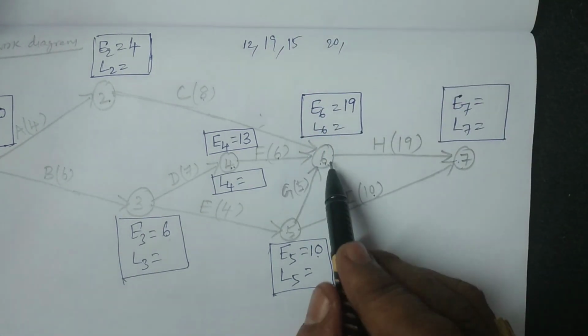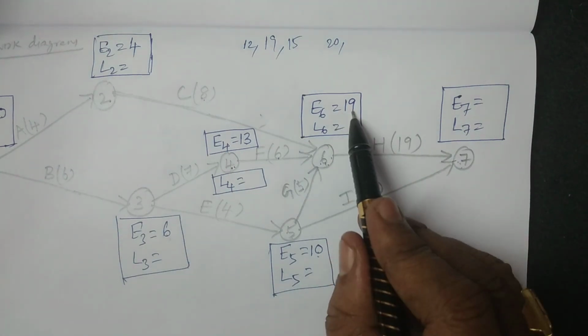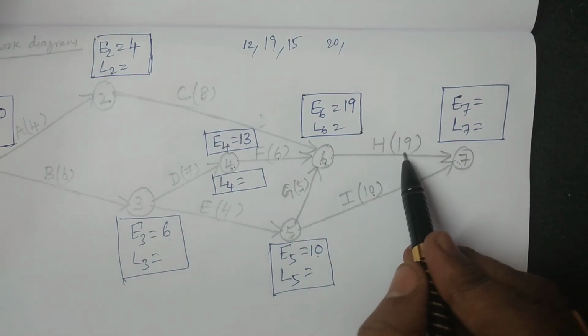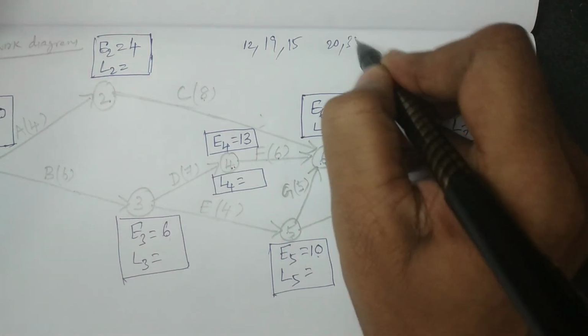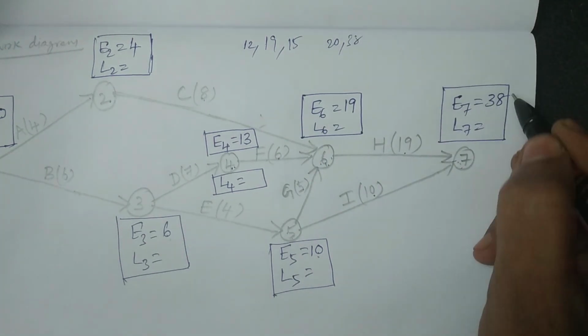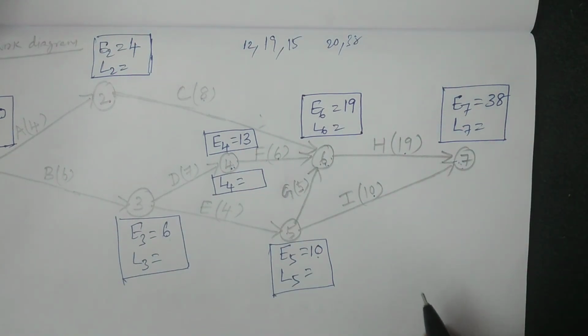And then from 6 to 7, E6 is 19, plus D6,7 which is 19, 19 plus 19, 38. The maximum is 38. So therefore E7 is equal to 38. This is the forward pass calculation, and we have calculated the values of E's, the earliest times. So now I am calculating the backward pass calculations. By using the backward pass calculations, I calculate the values of L.